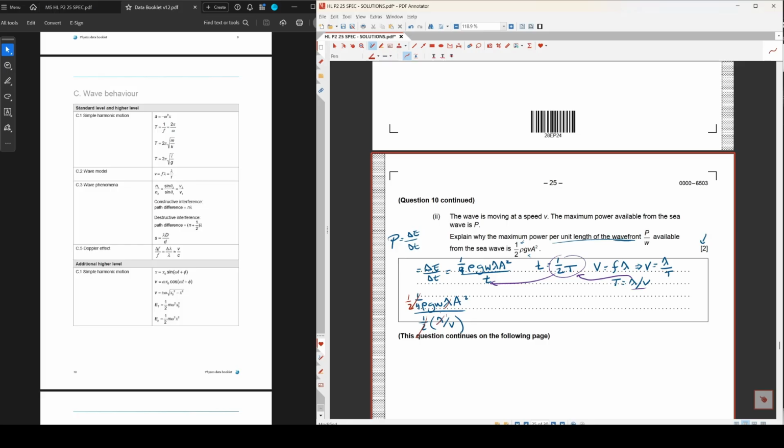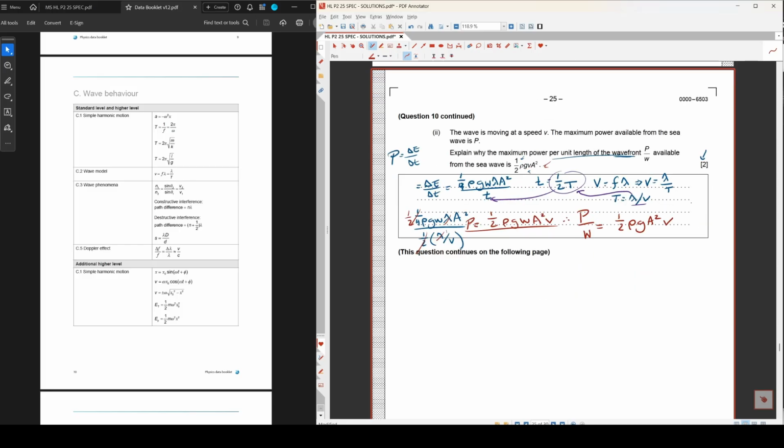Now this is 1 over V, so I'm going to bring the V up, and I think I get 1/2 rho G W A squared V, which is looking almost like this, and that's the power, remember. So the power per W, why not, is just divide away the W, and it's everything there except the W. And I got their stupid answer.